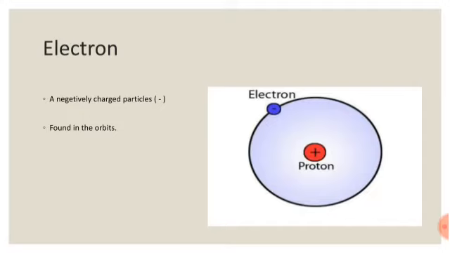Now we are going to discuss these subatomic particles one by one. The first one is the electron. A negatively charged particle is known as an electron, found in the orbits. In the picture you can see the electron is present in the orbit and revolves around the nucleus.